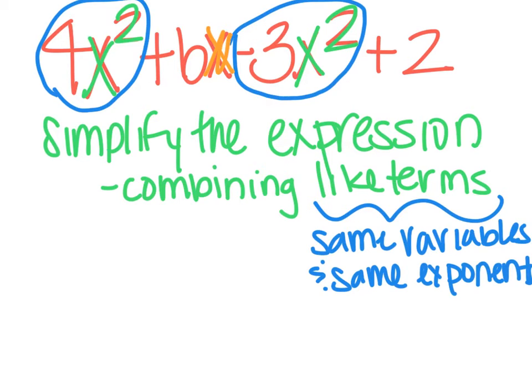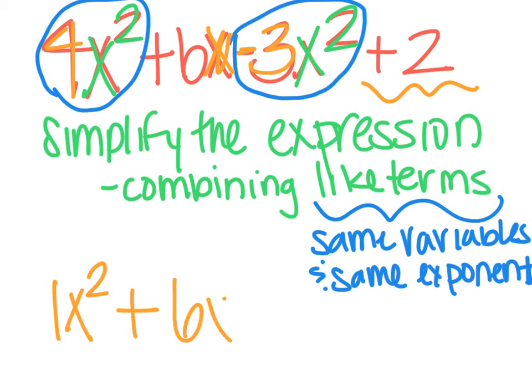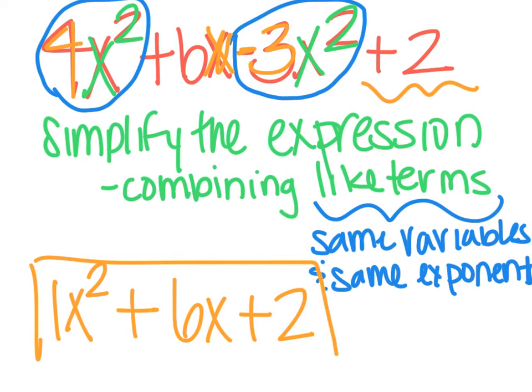And then our plus 2 out here is also going to be by itself because we can't combine anything with it. So we have our 4 minus 3. Well, 4 minus 3 is 1, x squared, plus, I'm going to bring down my 6x, I can't combine anything else with it, and then my plus 2. And this would be my final answer.